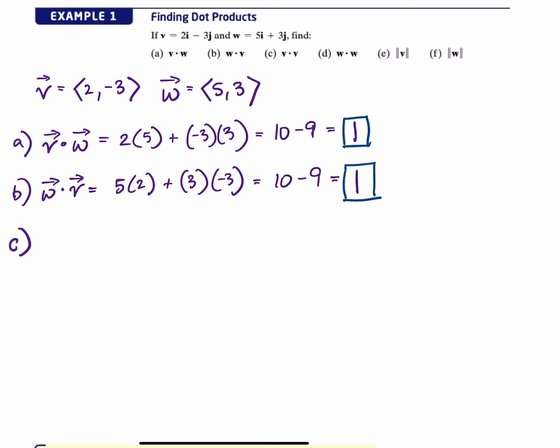Part C asks us to dot v with itself, so we can do v dot v. Well, that would just give us 2 times 2 plus negative 3 times negative 3, or 4 plus 9, which is 13.